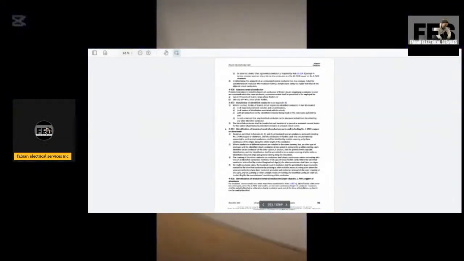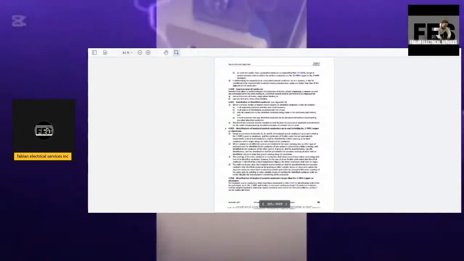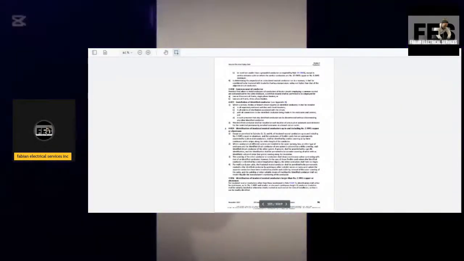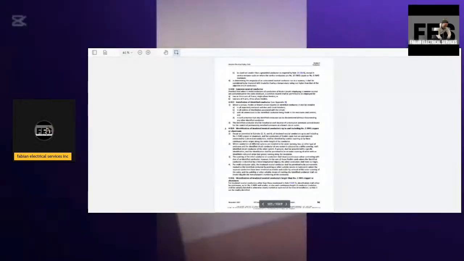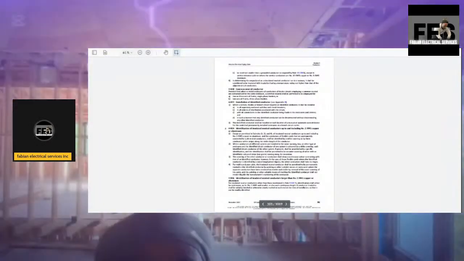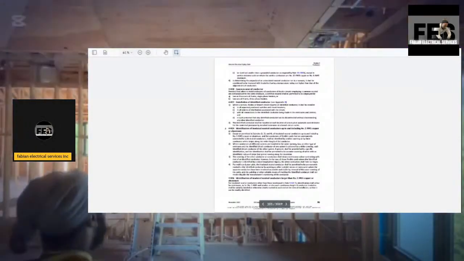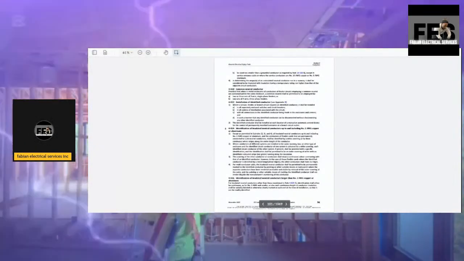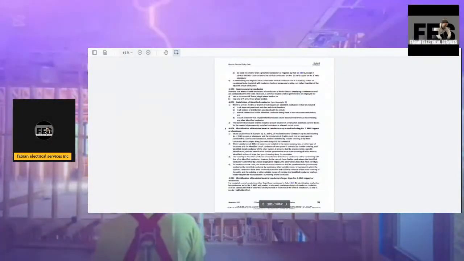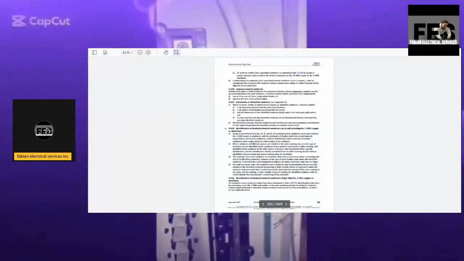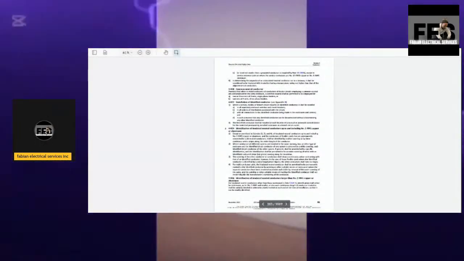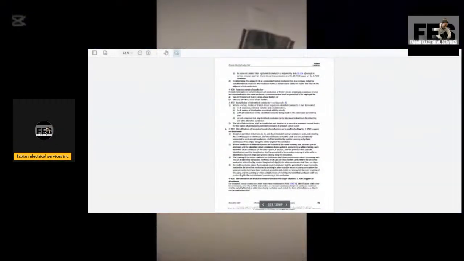So that is where you would see my previous video that I just ran. Again, I played that for a reason. You can see me using my white tape to identify the neutral conductor when it is not identified. So I'm going to read that rule again. Except as permitted in sub-rules 2, 3, and 4.